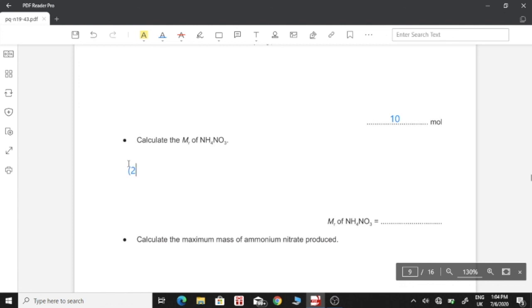So 2 times 14, which is the molar mass of nitrogen, and then we add the mass of hydrogen. Since we have 4 into 1, the same as 4, and then we have 3 atoms of oxygen, so 3 times the molar mass of oxygen, which is 16, and we get the result as 80.